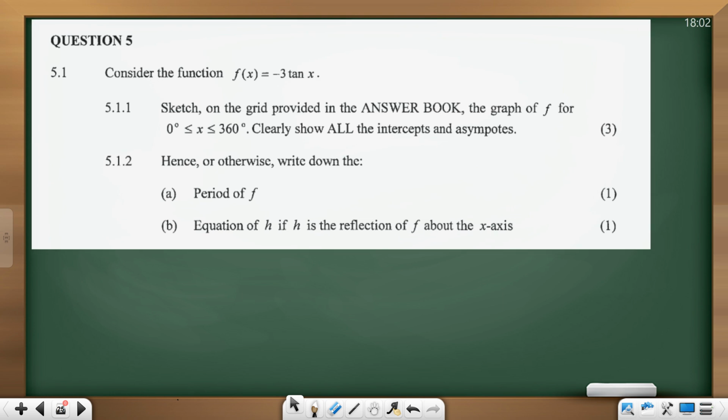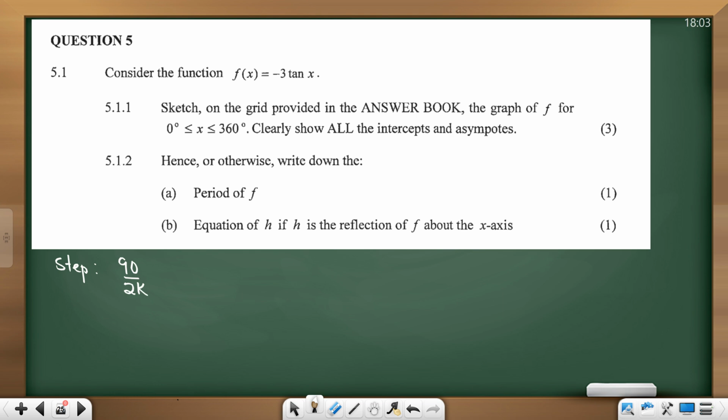Given the function negative 3 tan x, sketch on the grid provided between 0 and 360. Before you go ahead, what do you need to do? Deal with steps. What's our step in this case? No, it's a tan graph. Check your table. 90 over 2k.